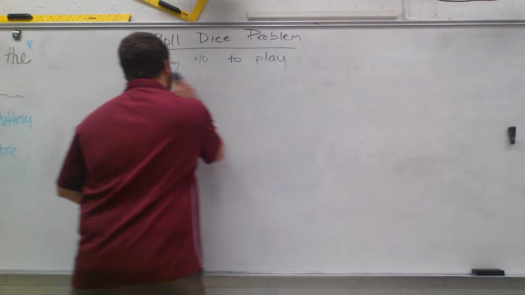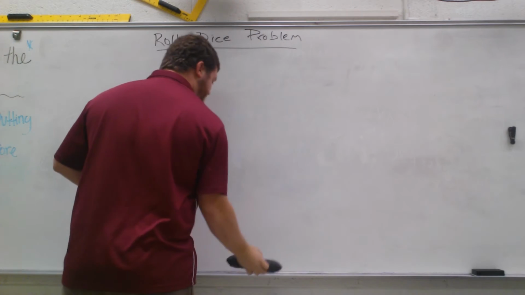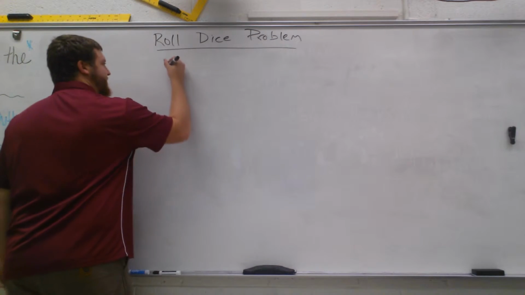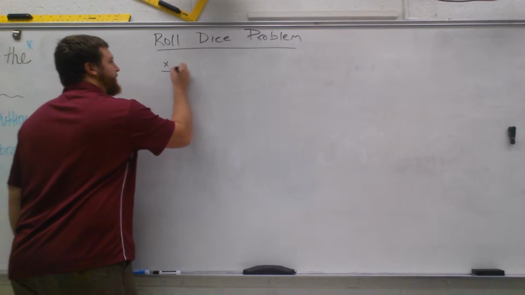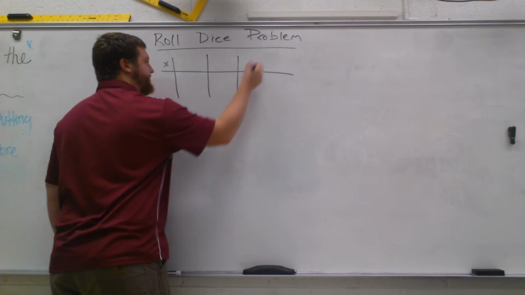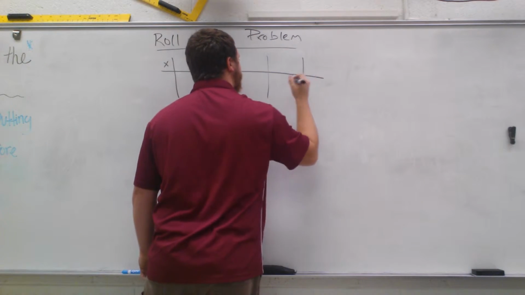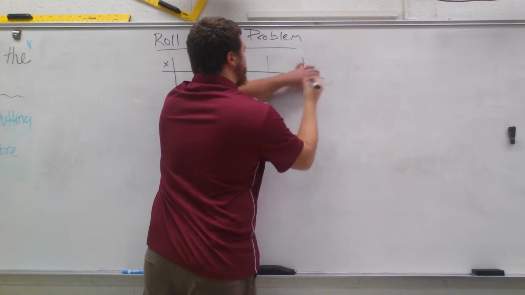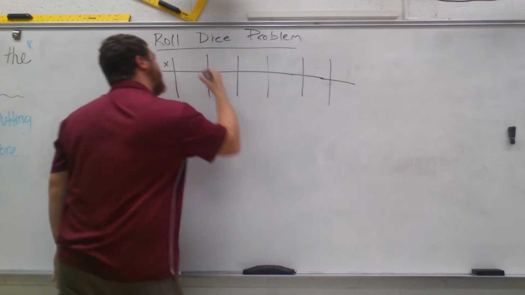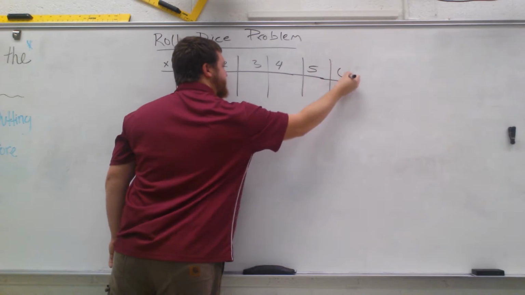So, first off, we need to make a probability distribution. So what are all my outcomes when I roll a dice? These are all my x's, remember? 1, 2, 3, 4, 5, and 6.